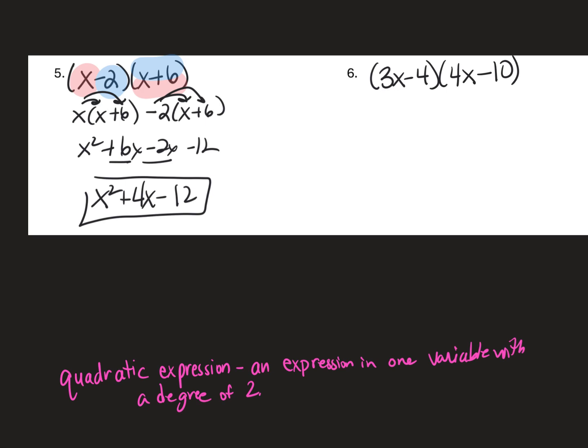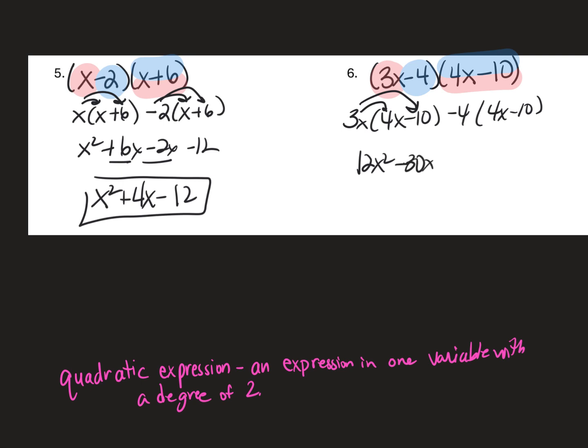And then for number 6, I am going to multiply 3x with 4x minus 10 and negative 4 times 4x minus 10. 3x times 4x is 12x squared. 3x times negative 10 is negative 30x.